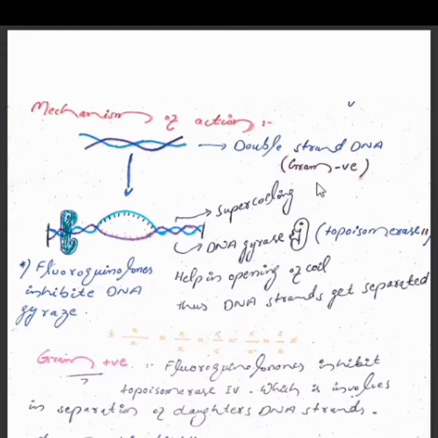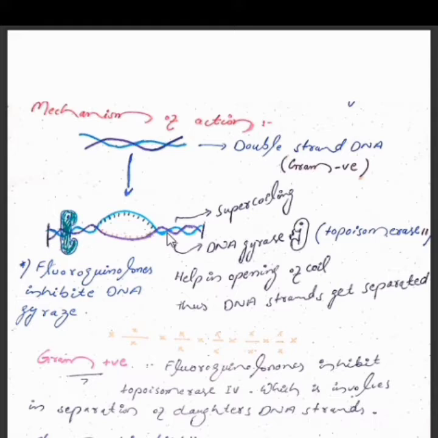Take the example of gram-negative bacteria. This is the double-strand DNA of the gram-negative bacteria. Whenever there is replication of the DNA, the double strand of the DNA must be uncoiled. You can see here the uncoiling of the DNA strand started, but at the end there is the formation of supercoiling, super twisting.